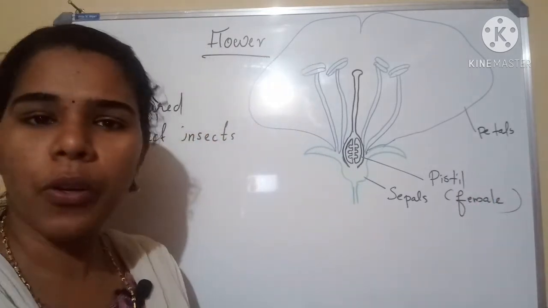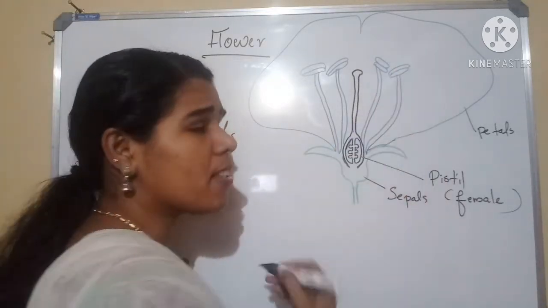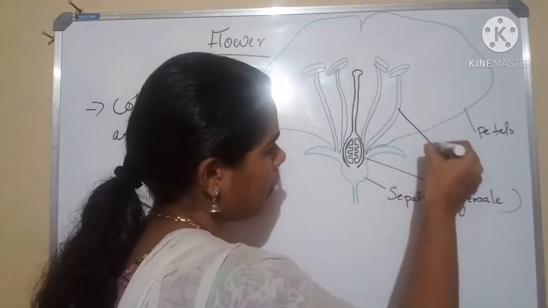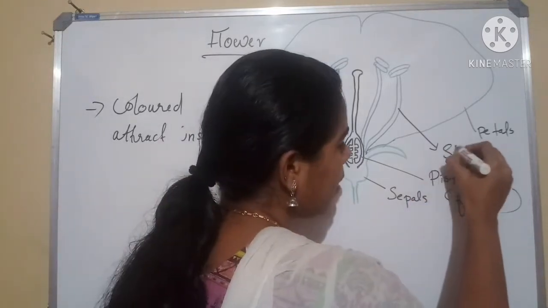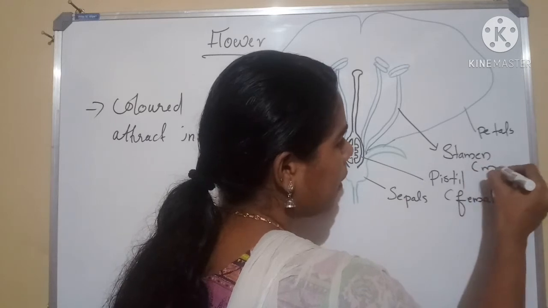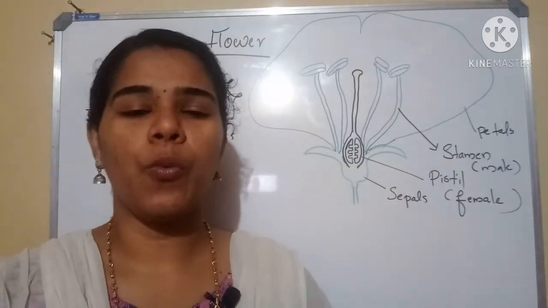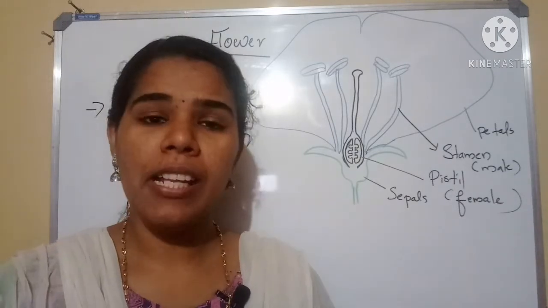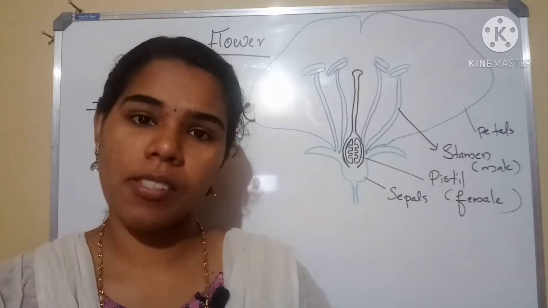And these are the male sex organs, which are called the stamen. So inside the flower we can see female and male sex organs, which help to develop fruits.